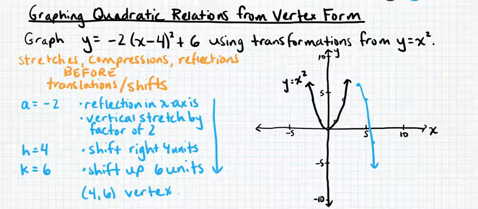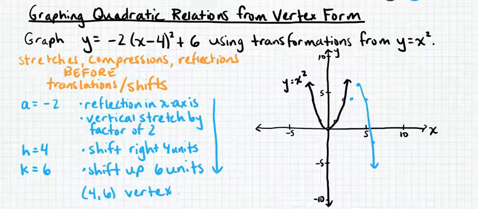Now, I could either apply the transformations to these other 2 points on the left-hand side of y = x squared, or I can use the symmetric properties of parabolas to get what those points are on the other side. So from the vertex, if the next point is 1 over and 2 down, then on the left-hand side, I can go 1 over and 2 down and plot a point there because that's symmetric to the point that's at (5, 4).